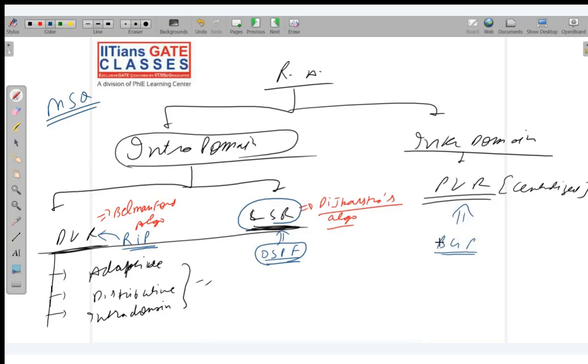So that's it. Now we will start our first important algorithm, that is DVR, or distance vector routing. You can take the snapshot of this. I will jump to the next slide.